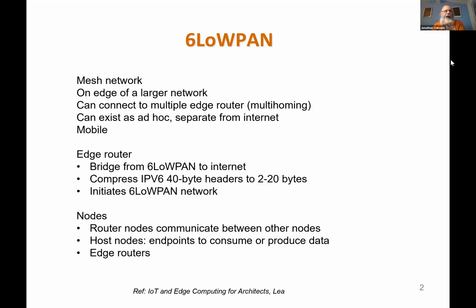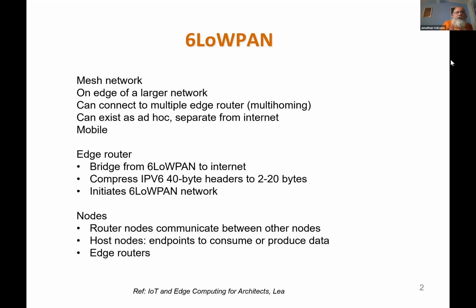It does provide for mobile connection, so it will connect and reconnect. And as you'll see in the pictures, it has multiple ways. It's a mesh network, which means there's more than one path from A to B. And so when it sends a packet, it has to discover its networks.